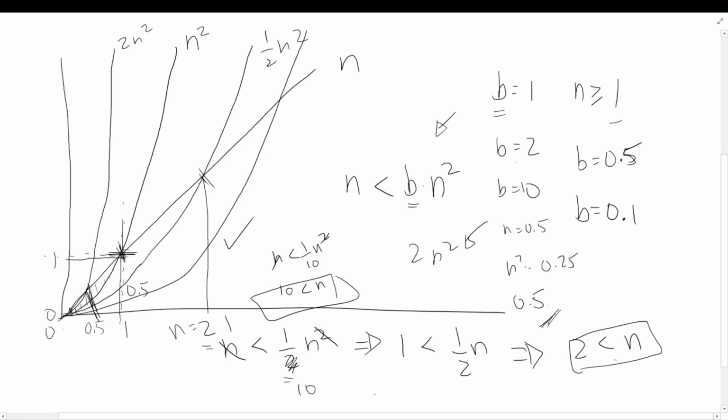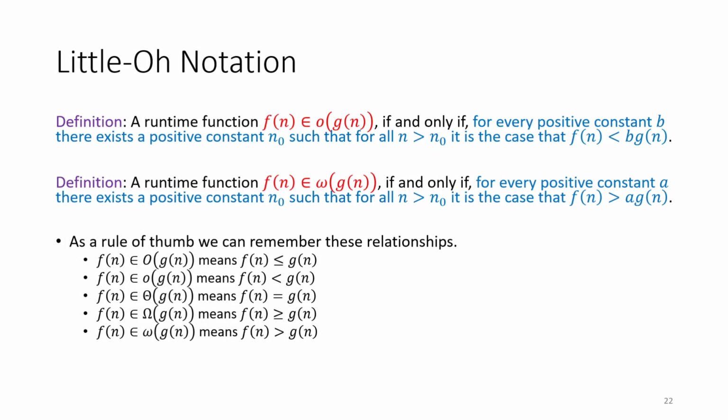Okay, I think we've done enough exploring of that idea that we can see what the definition is trying to tell us. It's saying that for any choice of our b here, no matter how small we can get it, but not 0, it has to be positive, we will result in a case where there's some crossover point where f of n is always less than b times g of n after that point.